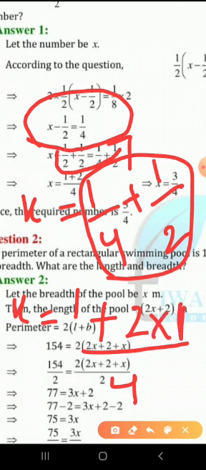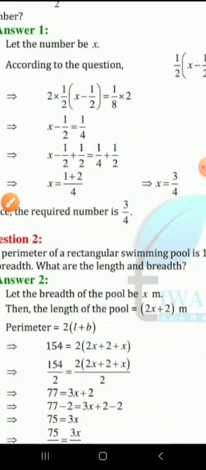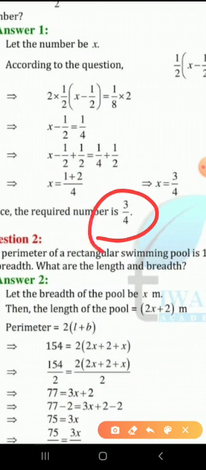So x will be 1 plus 2 upon 4. That will be x equal to 3 upon 4. So that's the answer we are getting. The answer is 3 upon 4. So that unknown number is 3 upon 4. So this is the solution of question 1.